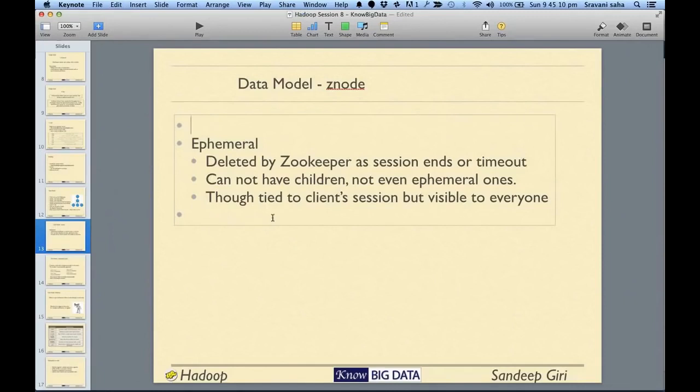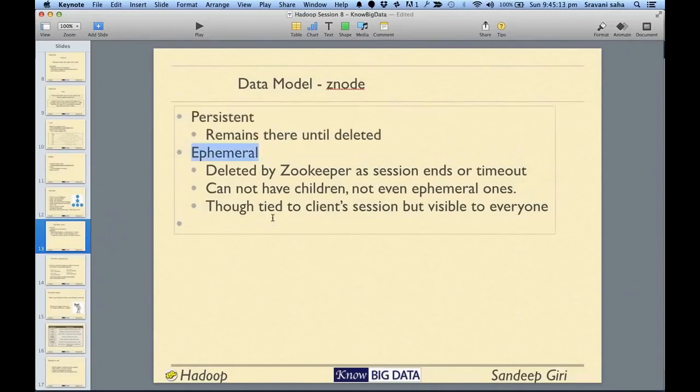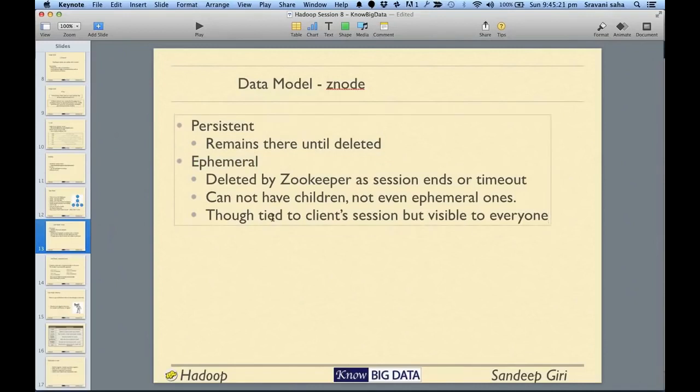Ephemeral nodes are good for maintaining who all are connected. An ephemeral node is a node which will get deleted the moment the creator of the node goes offline. So if I create a node and close my shell, it should disappear after some time. Ephemeral means momentary; it will disappear after some time.